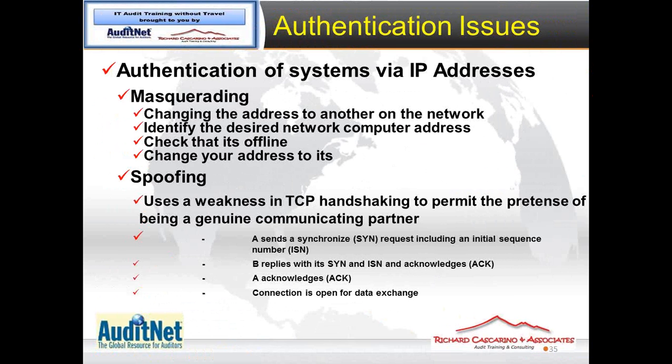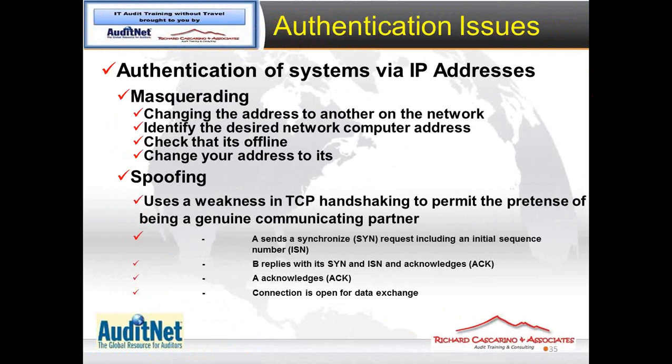So I can masquerade: I can change the address to another address on that network, identify the desired network computer address, make sure it's offline, ping it, and then change my address to its address. Spoofing, which I mentioned earlier, is where I can send an email to your boss from you via your machine, or at least it would appear that way. It uses a weakness in TCP handshaking to permit the pretense of being a genuine communicating party.